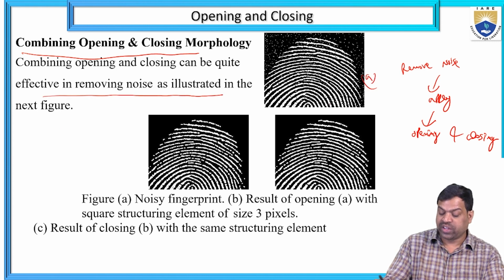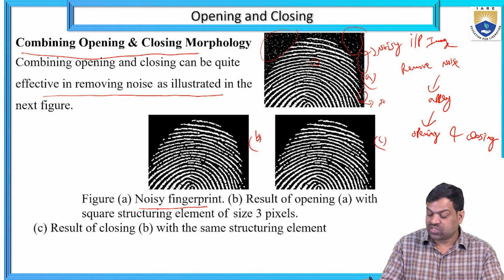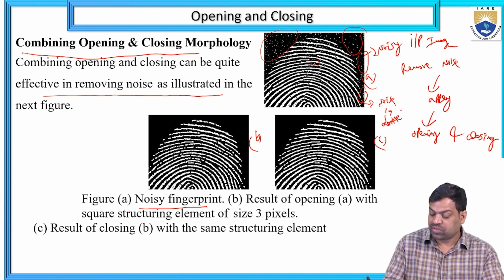Here I'm taking figure A, figure B, and figure C. Figure A is noisy. I call it noise because you can see white dots surrounding the fingerprints, noise that is dotted white. So we have to remove it.